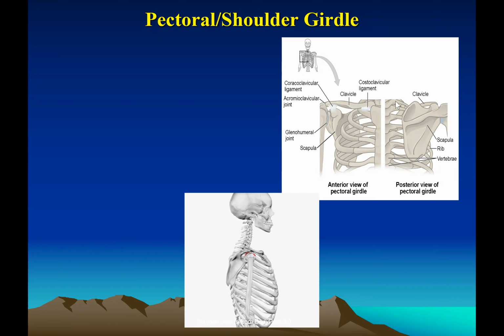So we have 2 clavicle or collarbone, and 2 scapula, scapulae for plural. So the pectoral girdle is the connection point that will connect your upper limbs to the sternum, the manubrium part of your sternum.